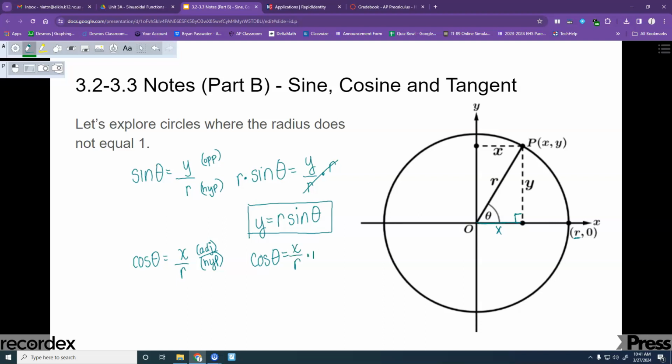We could multiply both sides by r. And that means x is going to equal r cosine theta. So these are things you definitely need to have memorized. It should be something you almost had memorized anyway or were working on, because on the unit circle, y equals sine, x equals cosine. All we're doing here is multiplying it by the radius, right? That radius is different.